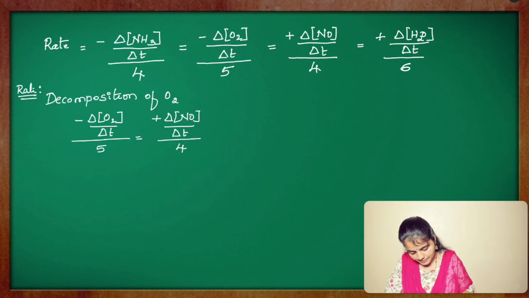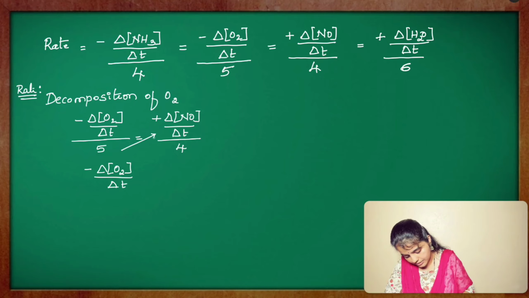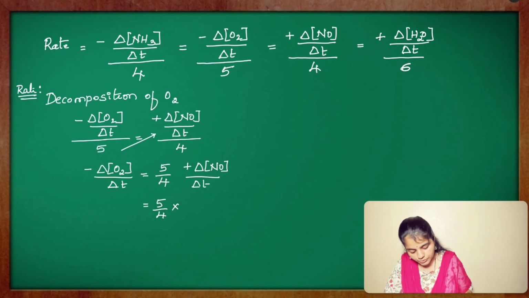Rearranging this, the rate of decomposition of O2, that is minus delta concentration of O2 divided by delta T, taking 5 towards the right hand side, we have 5 by 4 into plus delta concentration of NO divided by delta T. The rate of formation of NO is given to us in the question. It's 3.2 into 10 to the power minus 3.